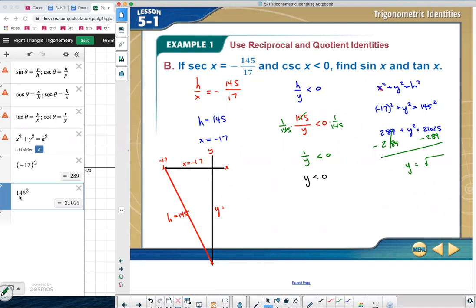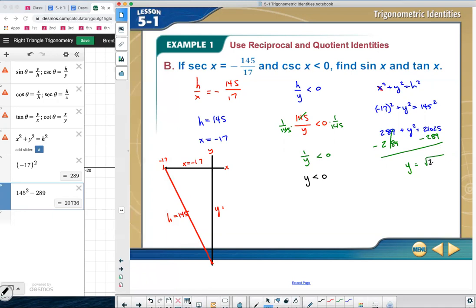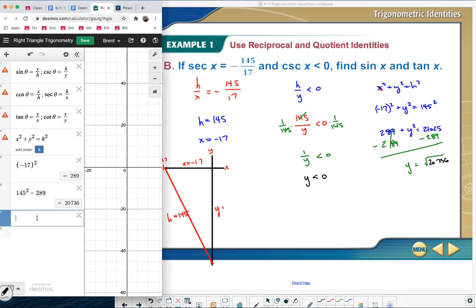So I'm going to subtract the 289. I get 20,736. And we take the square root of that. I get 144.